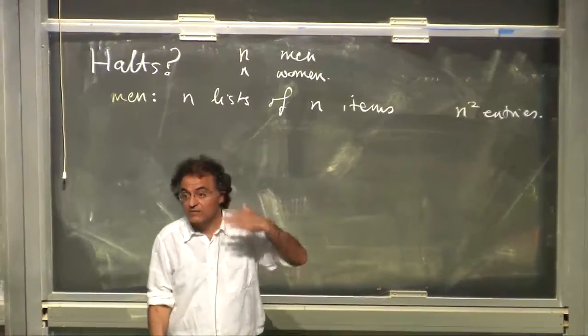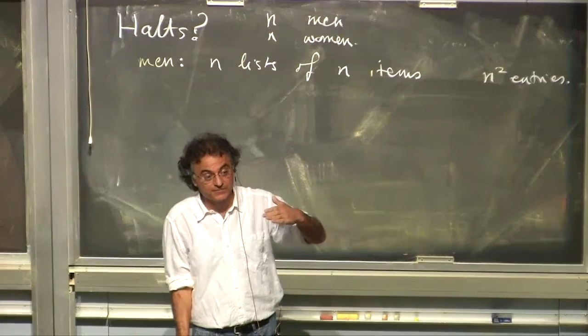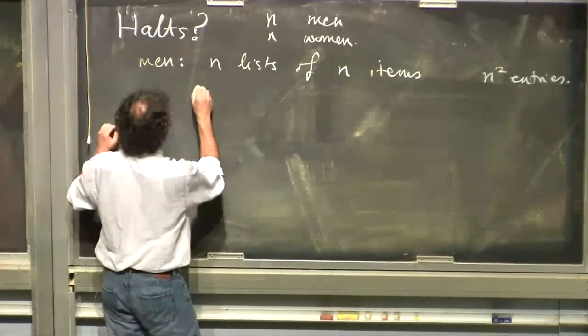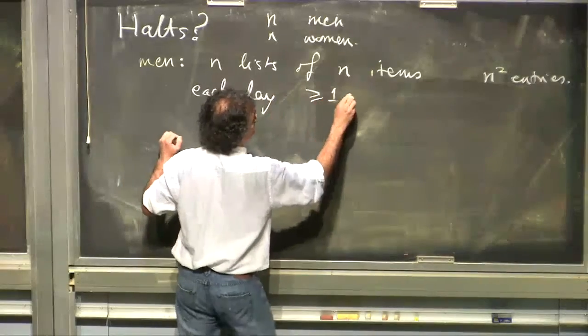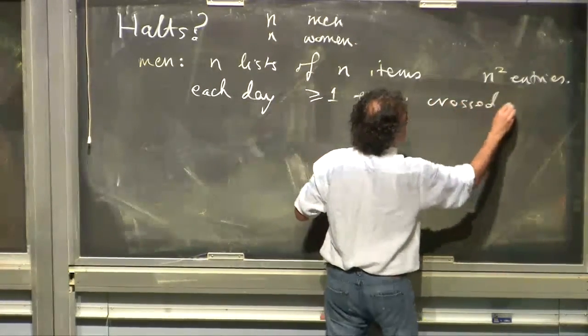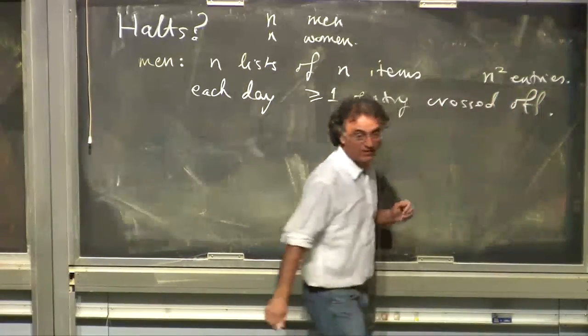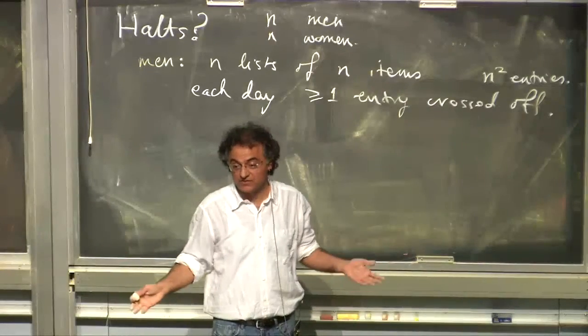Each day that the algorithm does not halt, at least one of these entries gets crossed off. So it takes n squared days before all the entries are crossed off.